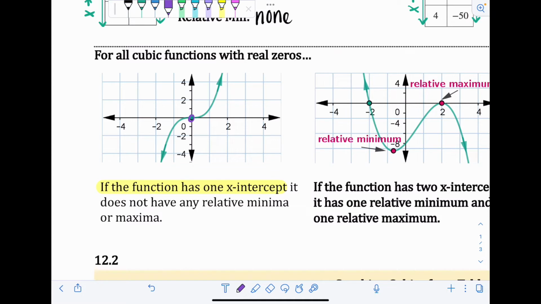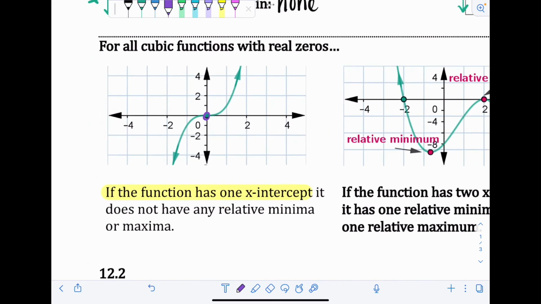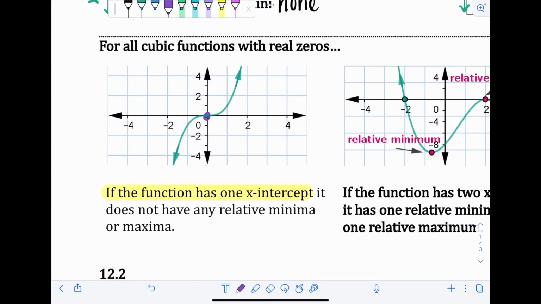So if you see a graph with only one x-intercept, don't stress about trying to find the max or the min. It doesn't have one. We looked at a graph just like this in lesson 11, and there were no max or min because it wasn't changing direction at all. It just gets really neutral through the middle.